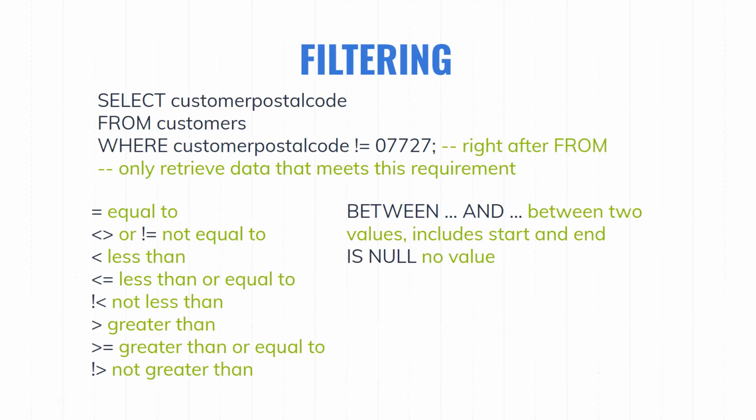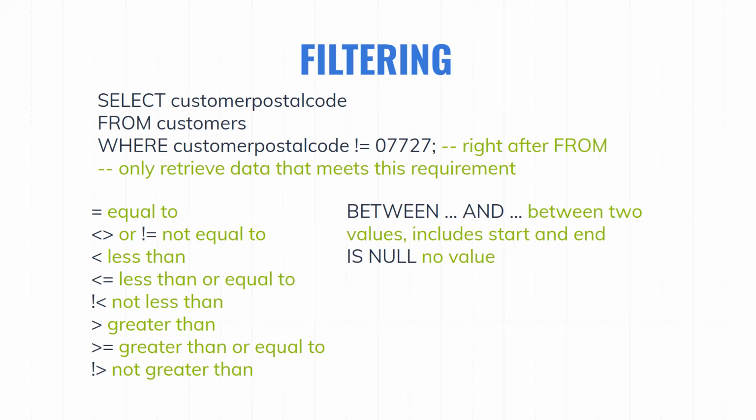So there's another way you can toy with data, and it's with filtering. Let's say you want to find a customer postal code of a certain number or not a certain number. You can use the where statement.